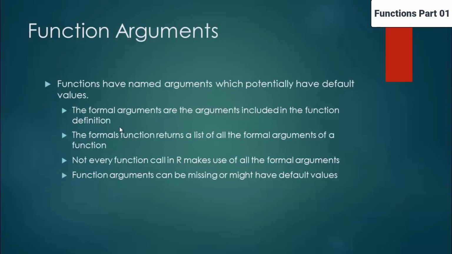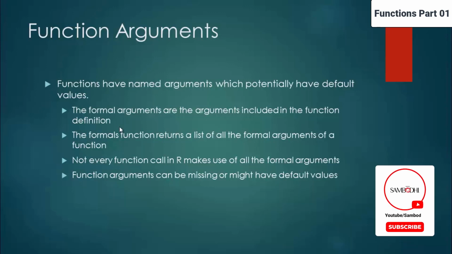The formals function returns a list of all the formal arguments of a function. Not every function call in R makes use of all the formal arguments. Function arguments can be missing, or they might have default values.